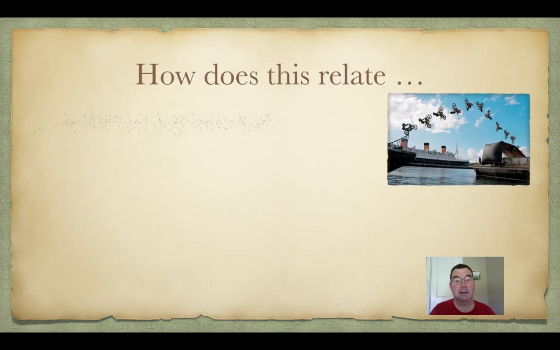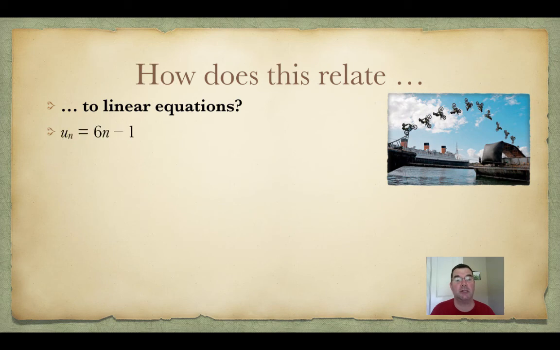The next thing I want to talk about is how this actually relates to linear equations. Well, you saw the general term was Un equals 6n minus 1. And whether I'm using u's and n's or x's and y's, this is a linear relationship because the exponent of n in the expression on the right is 1.